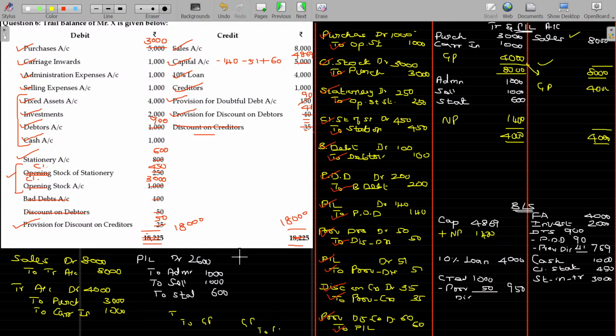Then the ultimate entry being trading account debit to P&L account, the value being 4,000. Finally, whatever the balance available in P&L account is transferred to capital account, the journal entry being P&L account debit to capital, this value being 1,400.